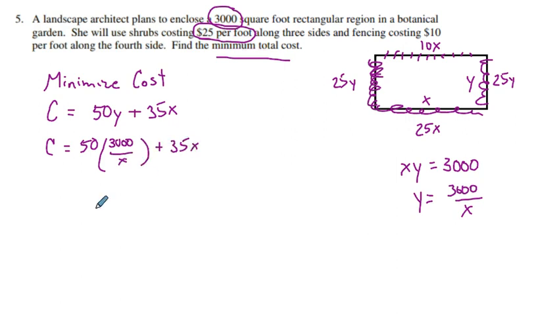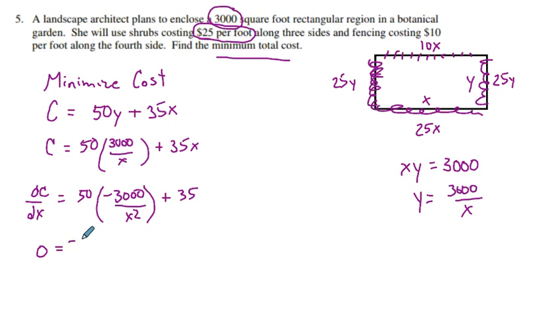All right, I'm basically ready to do my derivative now, dC/dx. So I've got that 50, and the derivative of 3,000 over x is going to be negative 3,000 over x squared. And the derivative over here is plus 35. All right, so I'm ready to set this equal to 0. So I'm going to multiply this out now.